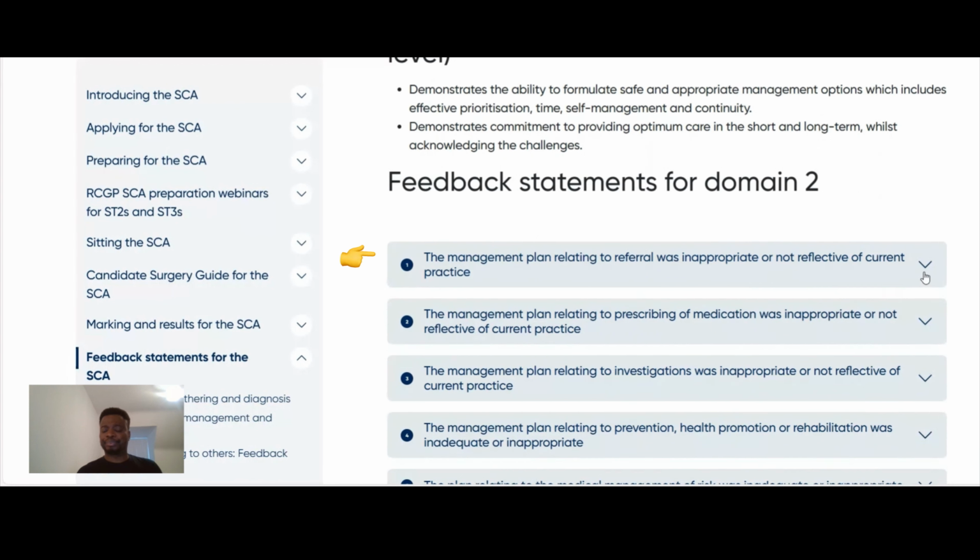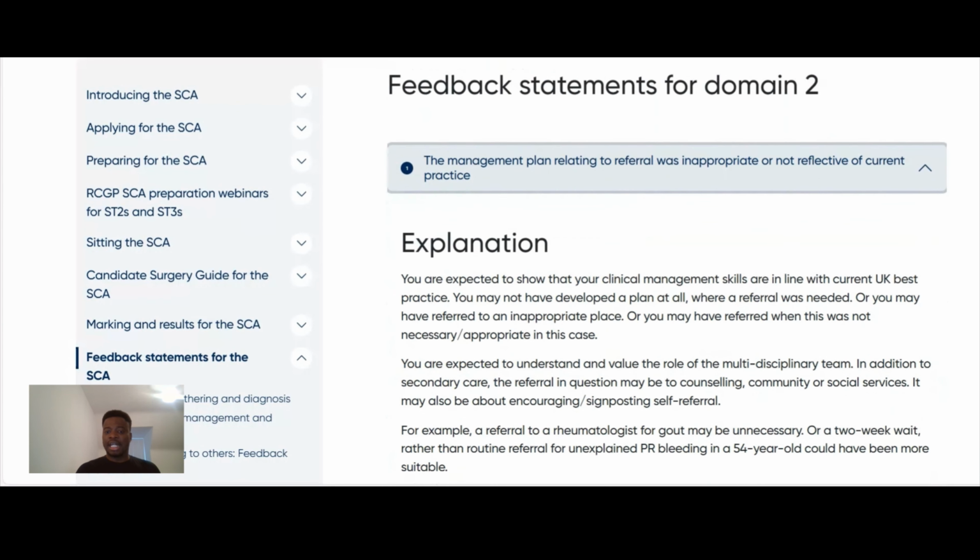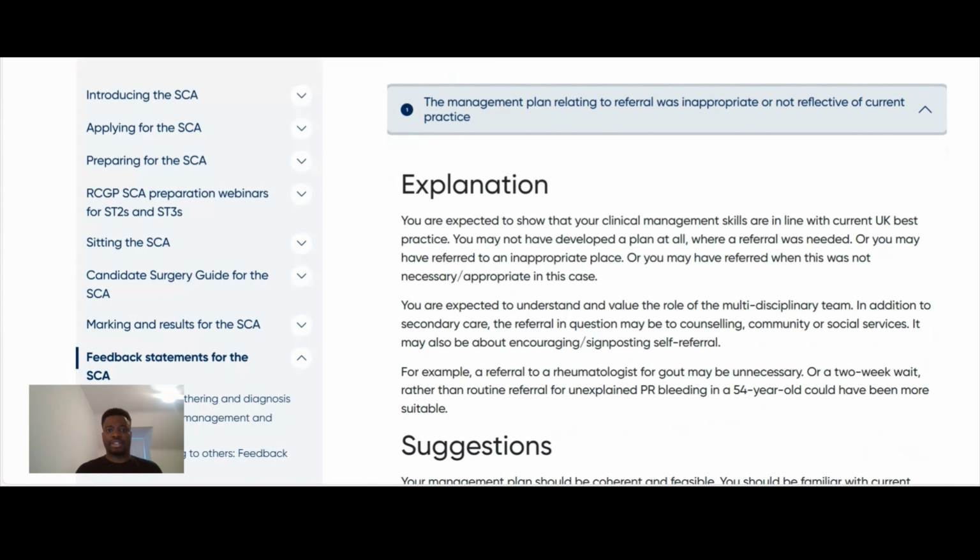What this means essentially is that you've referred and either the referral wasn't necessary, which means it was inappropriate, or it wasn't done the right way. For instance, if a patient with PR bleeding needs, rightfully so, a 2 weeks wait referral, and we've done a routine referral, that will be an inappropriate one.